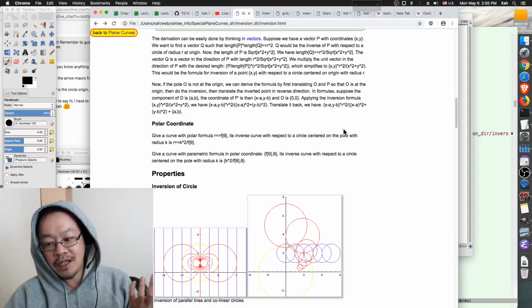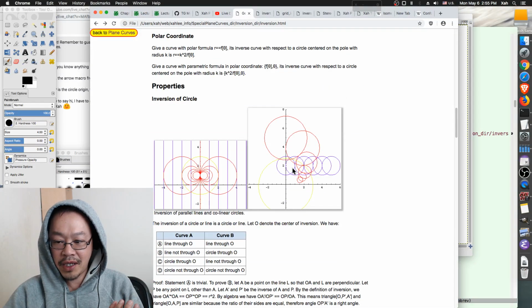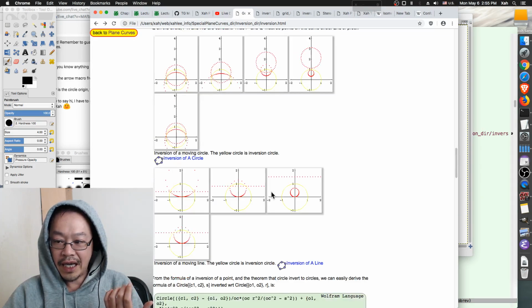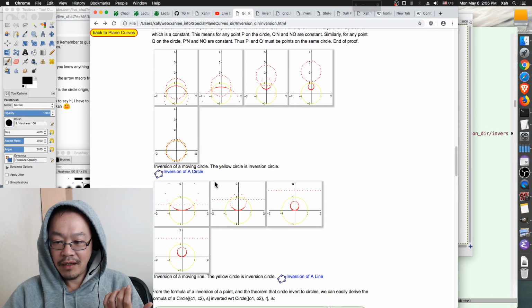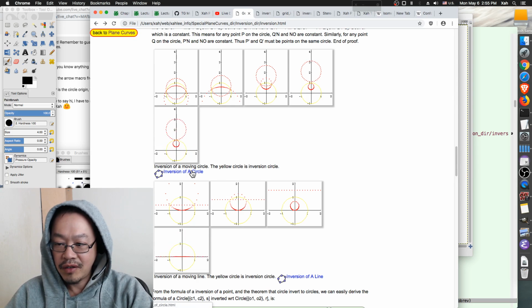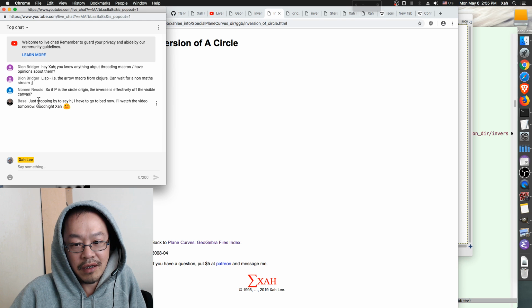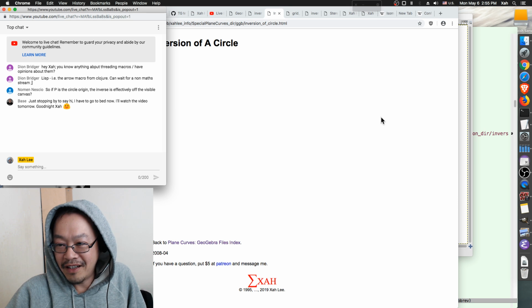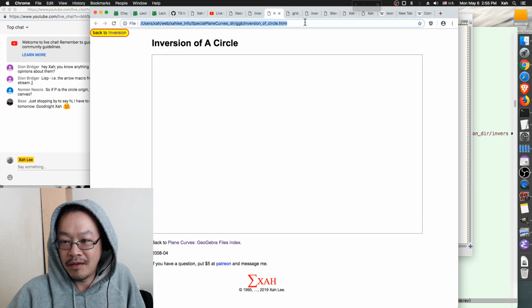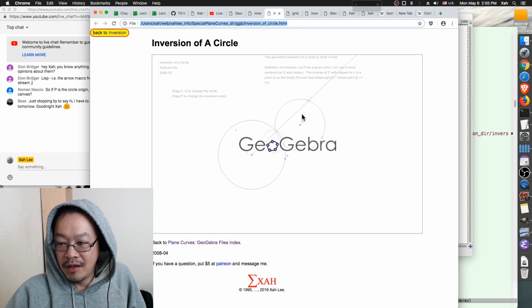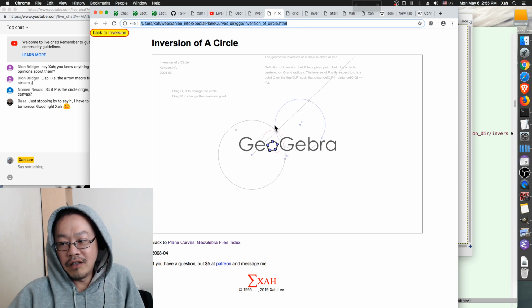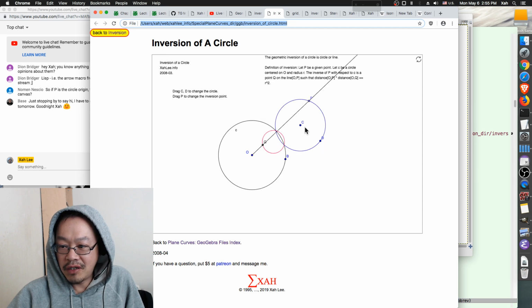So interesting properties include that lines and circles become circles or lines. Let me show you an example. There's an interactive application again. Here we have a geometric inversion of a circle. This black circle is fixed.